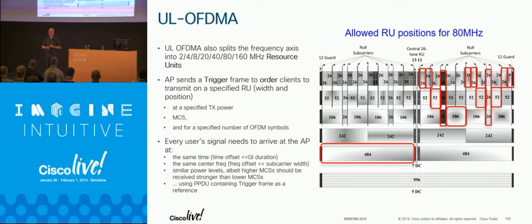The first mandatory certification for 802.11ax or Wi-Fi 6 is uplink and downlink OFDMA. So the first wave of this is not going to have BSS coloring and some of the other things you've heard about. The first phase of this is making everybody work with uplink and downlink OFDMA.